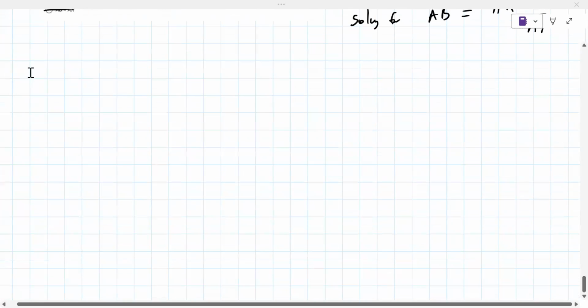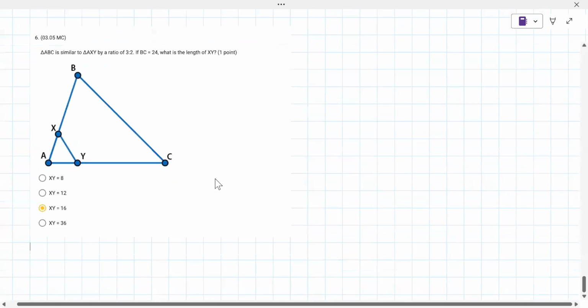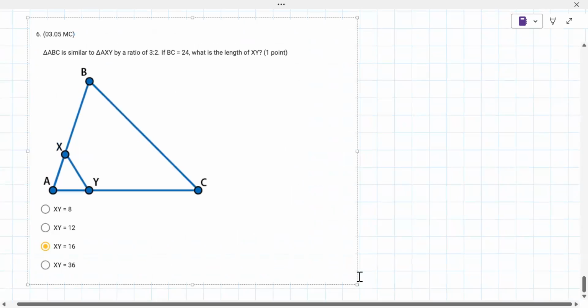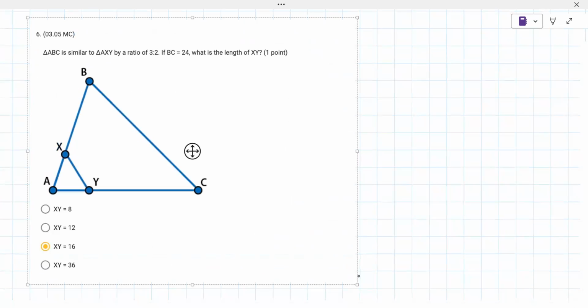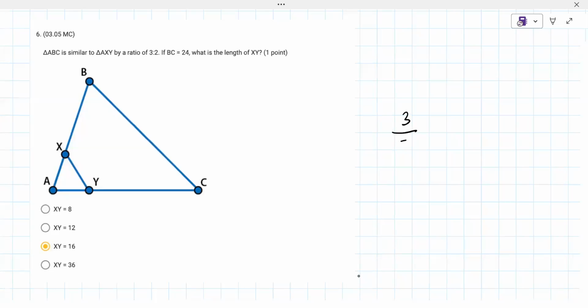Okay, so finally a numerical problem, probably a relief to finally get something like that. It's a ratio of 3 to 2, 3 over 2. They're giving you BC as 24, and they want XY. We know it's smaller, but how much smaller is it?